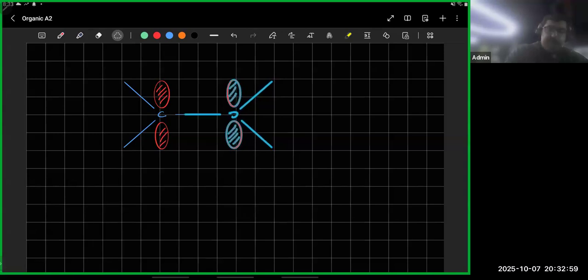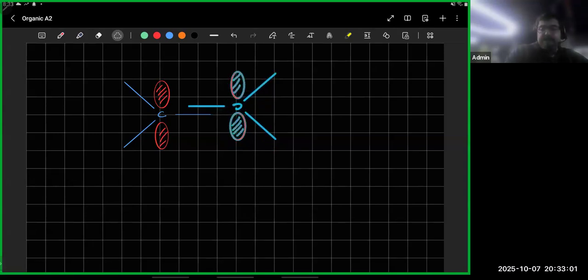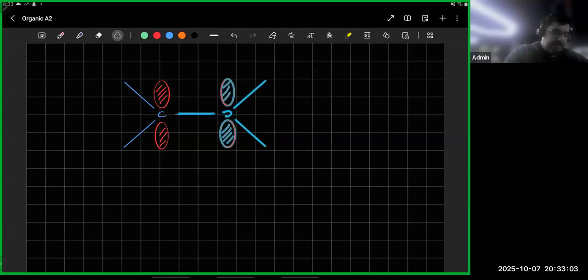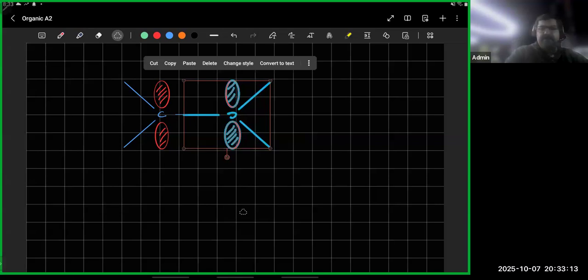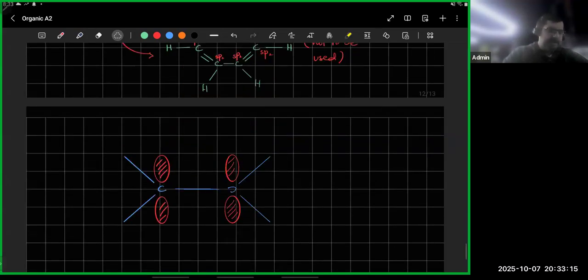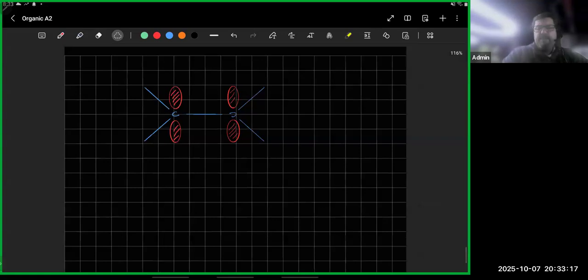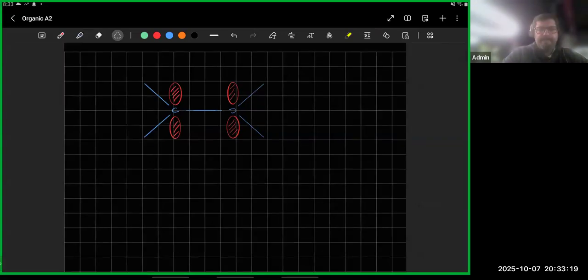So there are two sp2 hybridized carbon atoms, and they are forming a sigma bond right in the middle over here. So you clear? It's two sp2 hybridized carbon atoms trying to form a sigma bond. Is that clear?